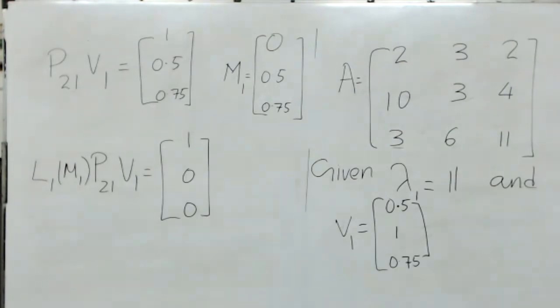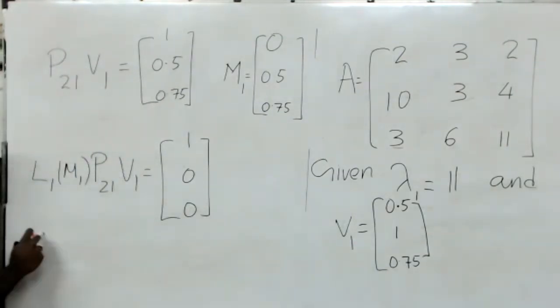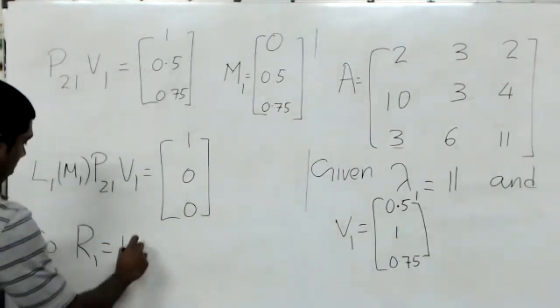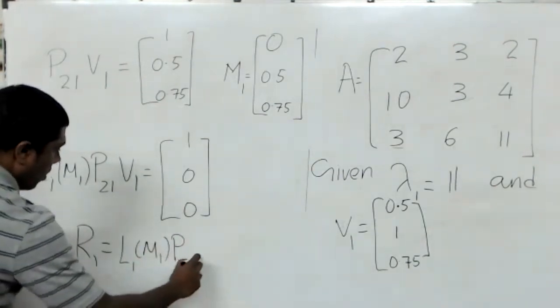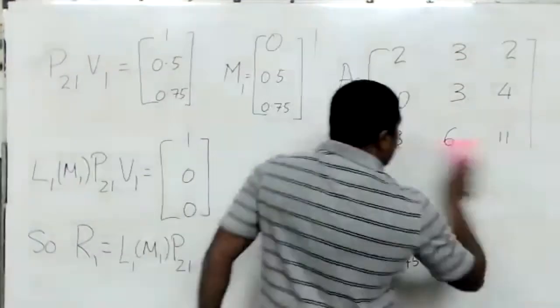Now what you do is you have to compute this. So your R1 is L1 M1 times P21. So what you do is you multiply by R1 A R1 inverse.